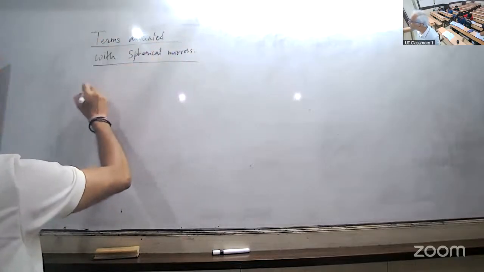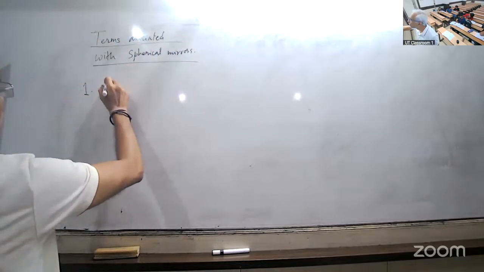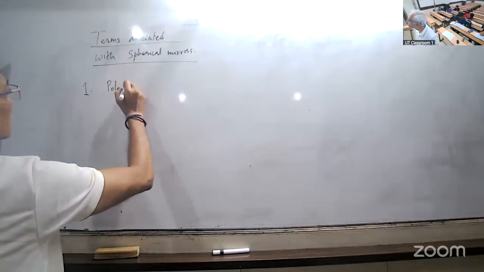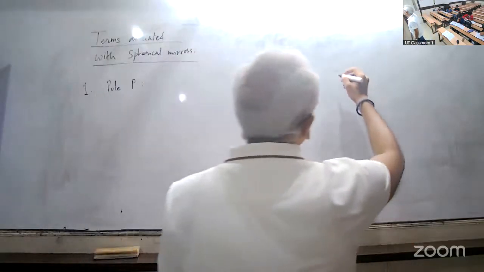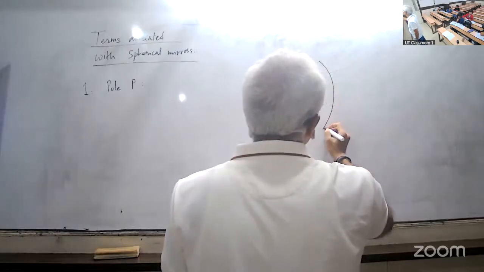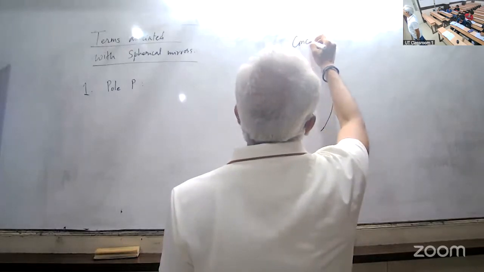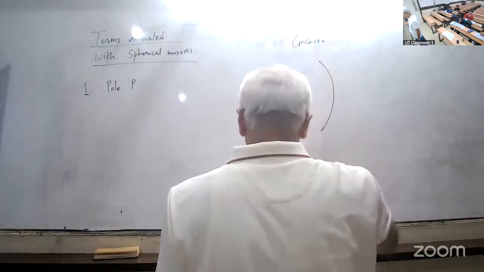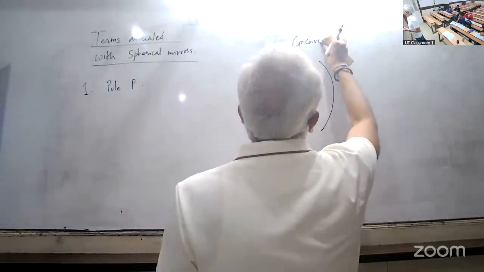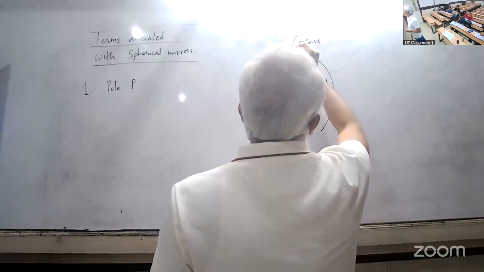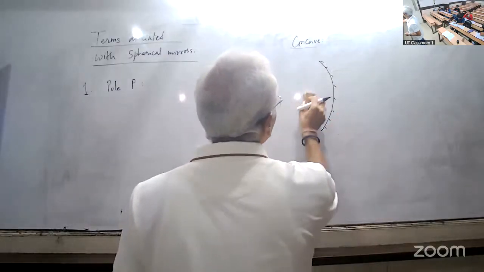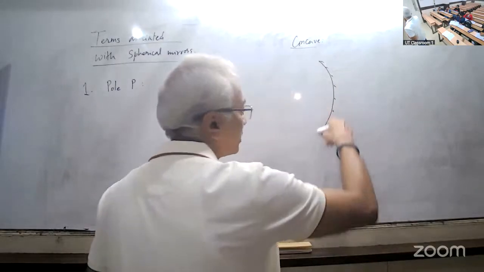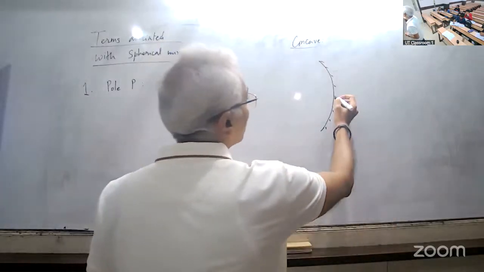So first is pole. Symbol is P. What is the pole of the mirror? So I'll draw the mirror here. So for concave, the mirror is basically one side smooth glass surface, the other side silver coated, and the pole is the geometric center.